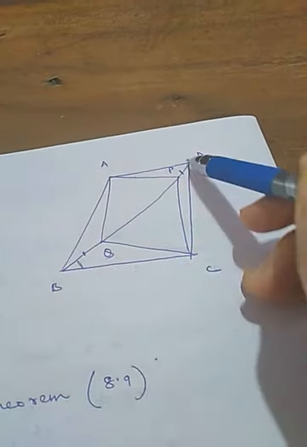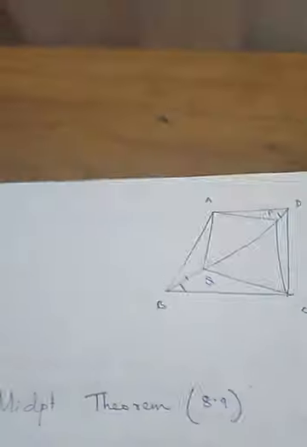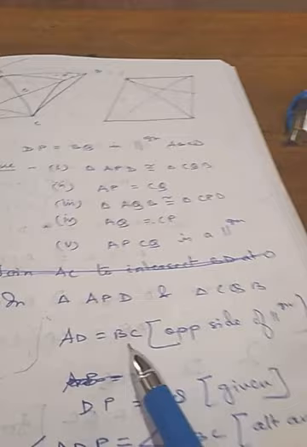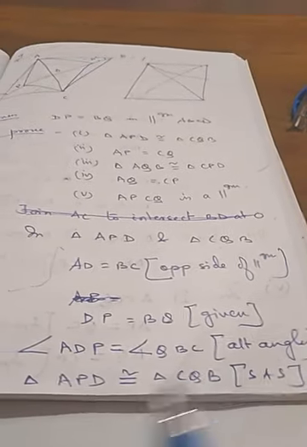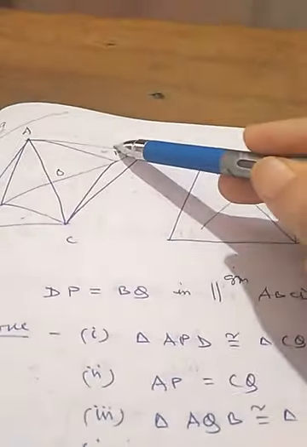These two angles are alternate angles, so in that way we can prove that. Here we have written that AD equals BC, opposite sides of a parallelogram; DP equals BQ, given; ADP and QBC alternate angles; therefore these two triangles are congruent with the help of side angle side.